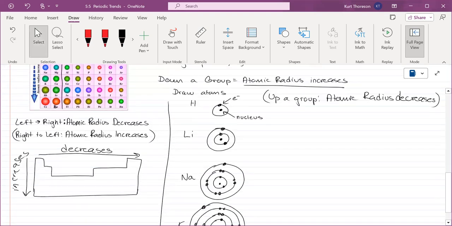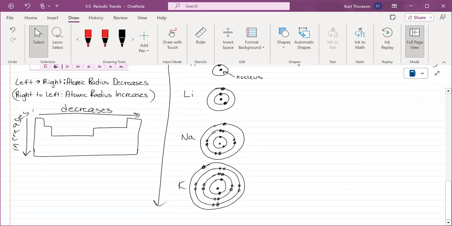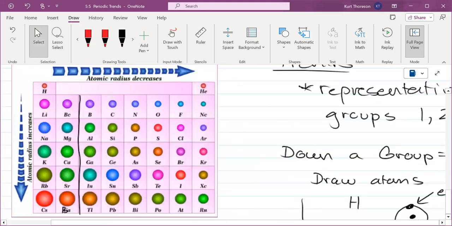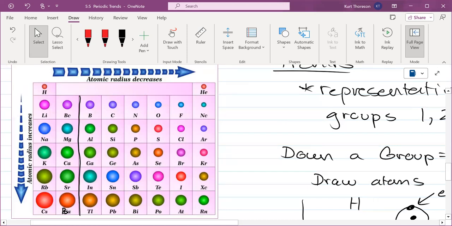So I want you guys to look up here at me. And if you're watching online, you can see the trend here, but I'll say it loud enough. Look at boron. And then carbon, nitrogen, oxygen, fluorine, neon. What is happening to the atomic number? It's going up, okay? What does the atomic number represent?